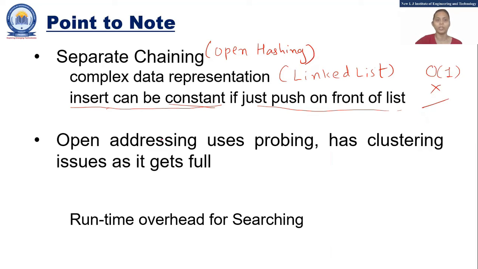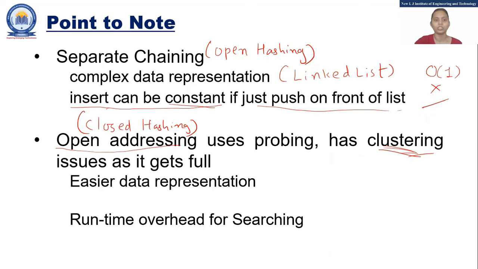Fine. But in open addressing, when I say open addressing, what does it mean? Open addressing is also known as closed hashing. So in closed hashing, you may or may not end up with the cluster. So this is the disadvantage, but it is easier to represent. It is easier to represent and searching time complexity is also reduced here because you know which search location you have to go to.